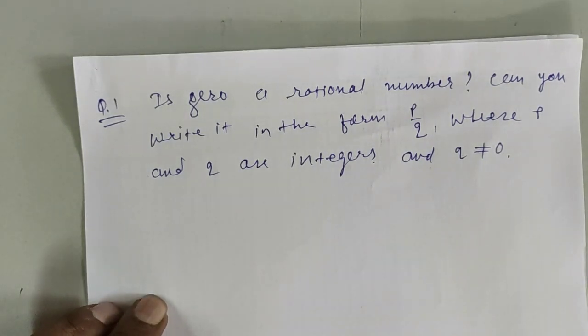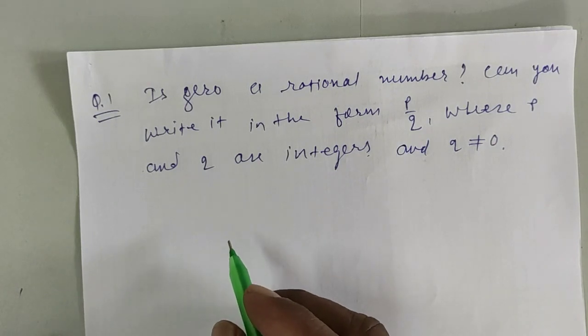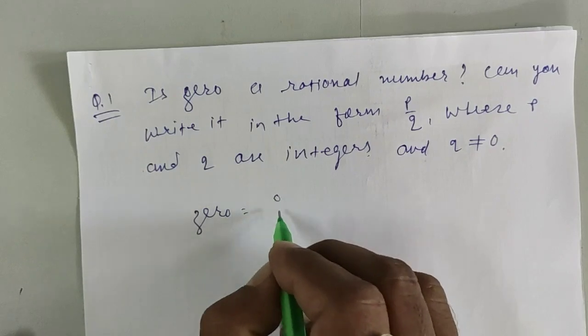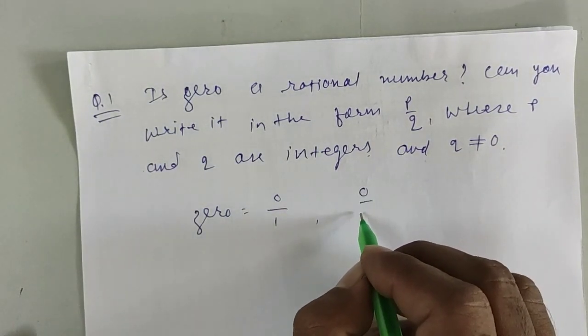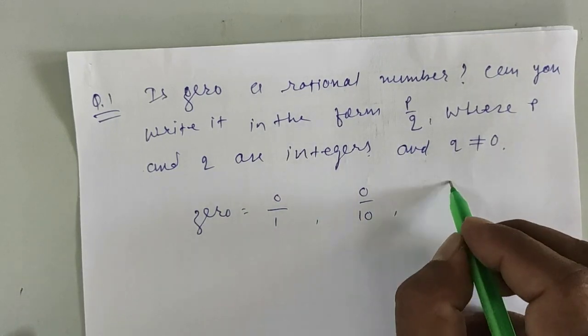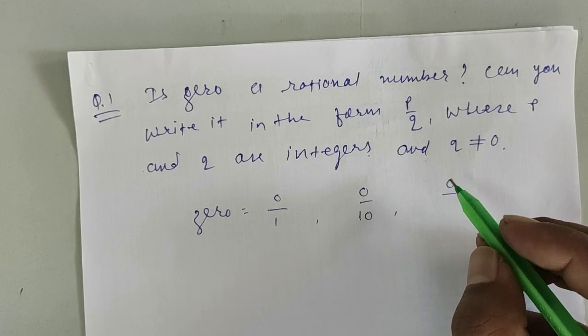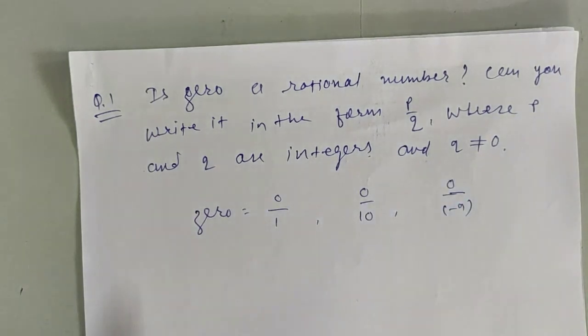So 0 is a rational number, right? 0 is equal to 0 upon 1, 0 upon 10, 0 upon minus 9, etc. So 0 is a rational number because we can write it in the form of p upon q.